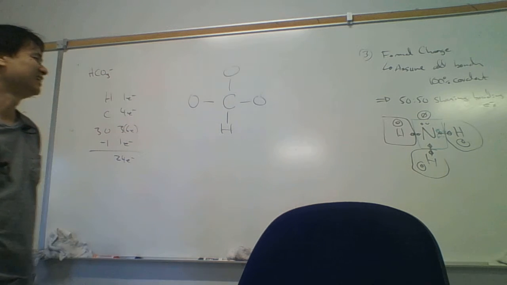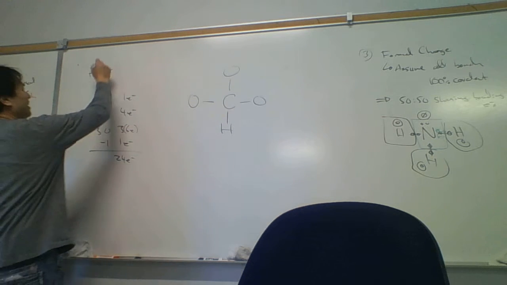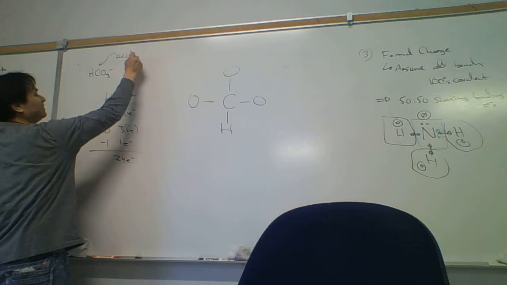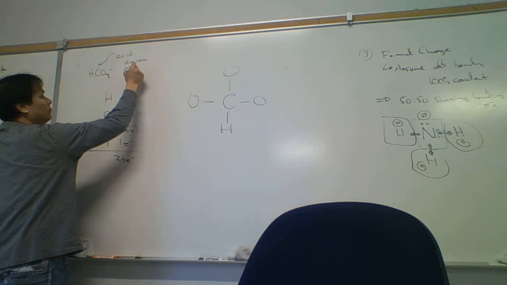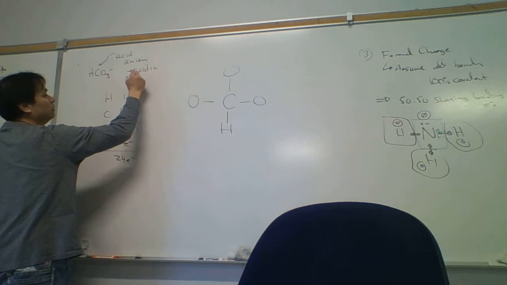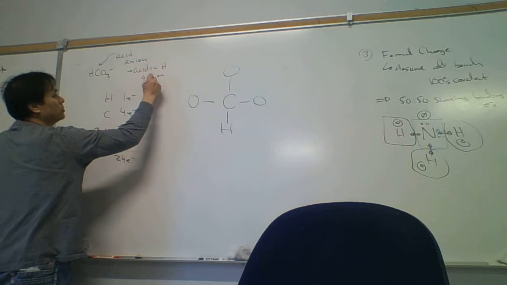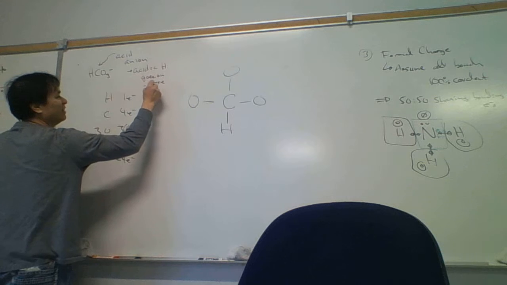Hydrogen on the carbon. When we have an acid anion like this, the acidic hydrogen goes on the most electronegative element.